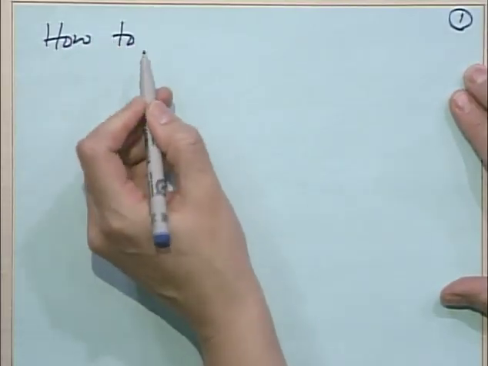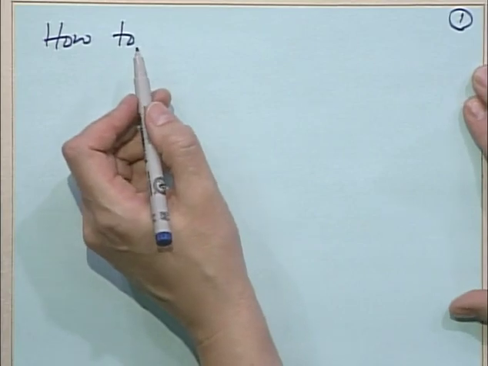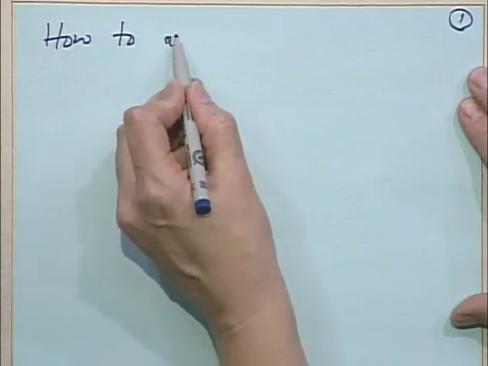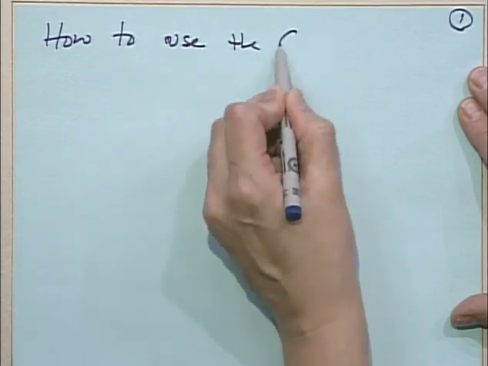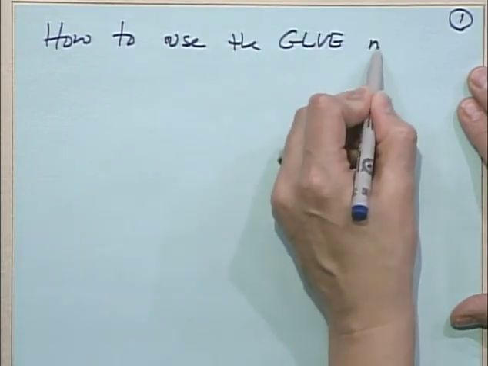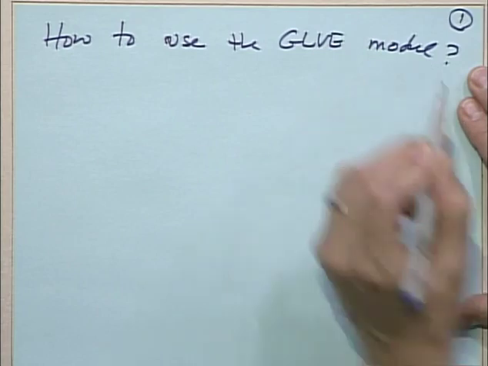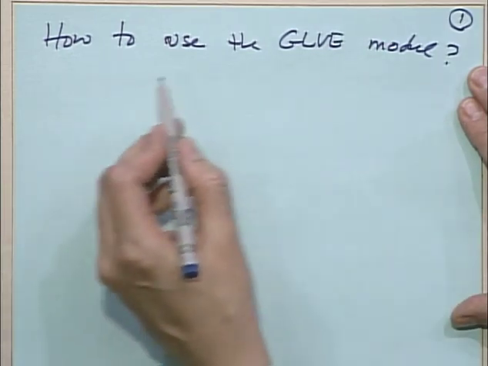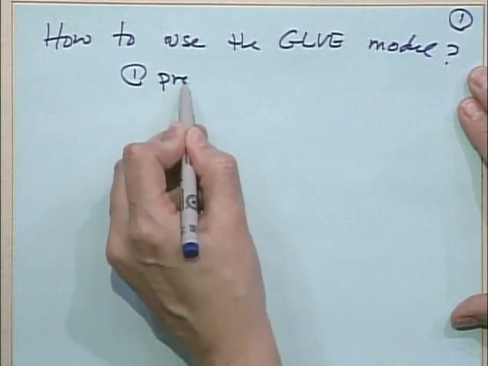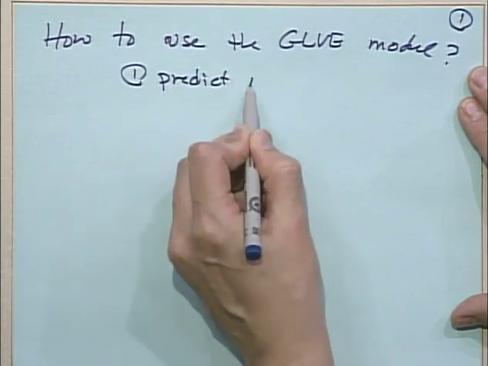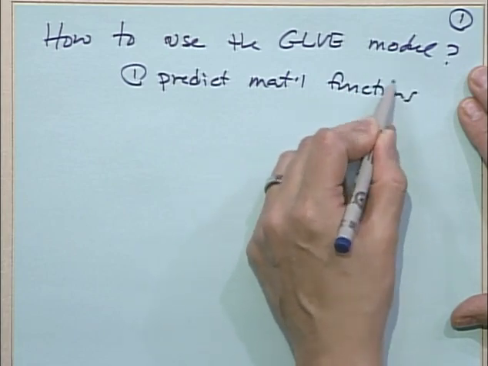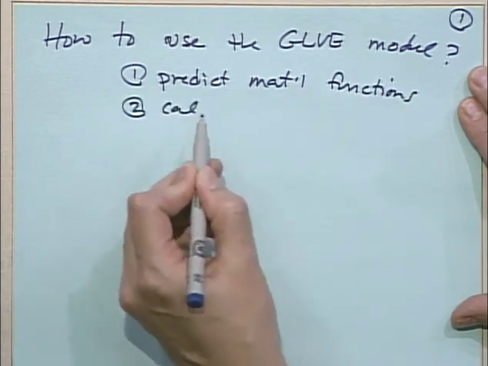I'll start by saying that I'm essentially addressing the question, how do I use the generalized linear viscoelastic model? And the answer is the same as any constitutive equation. One, predict material functions. And two, calculate flow problems.